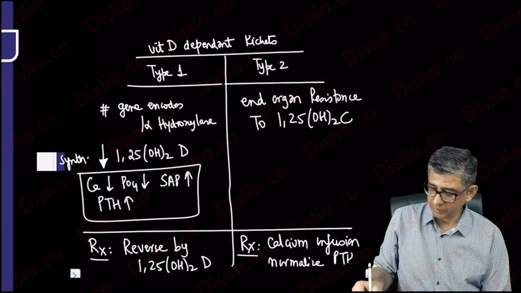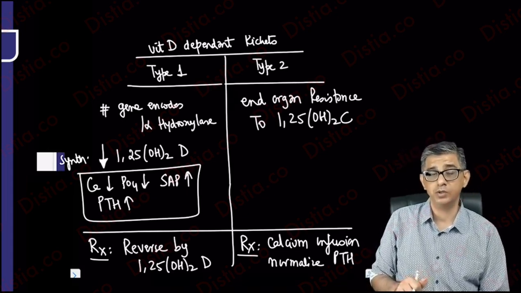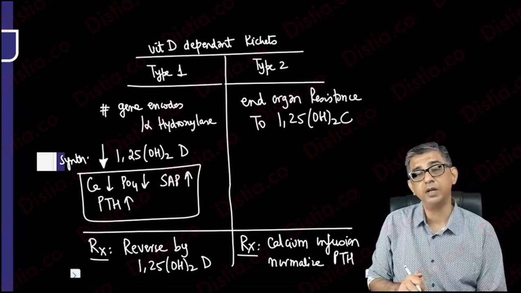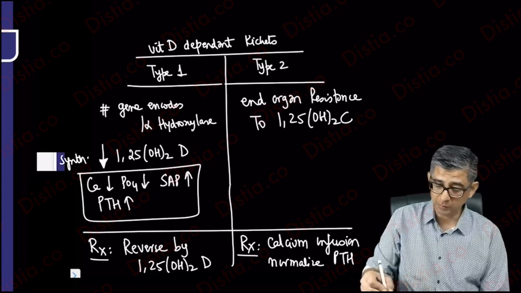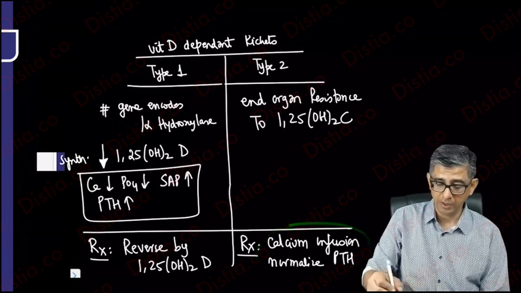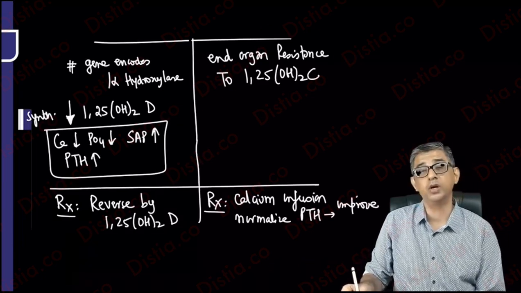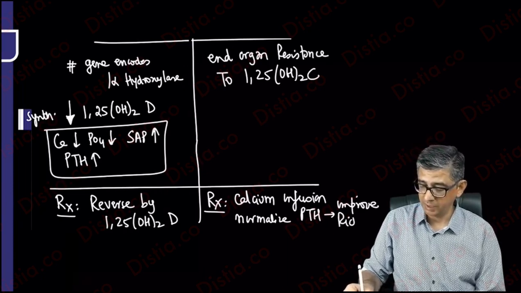By normalizing the PTH, at least we are able to reduce the degeneration of the bones, because ultimately bone resorption is via PTH only. I'm not saying that this is a permanent cure. It's just that you normalize PTH and thereby it will cause an improvement. If I normalize PTH, the bone pain component and the bone resorption component will become lesser.